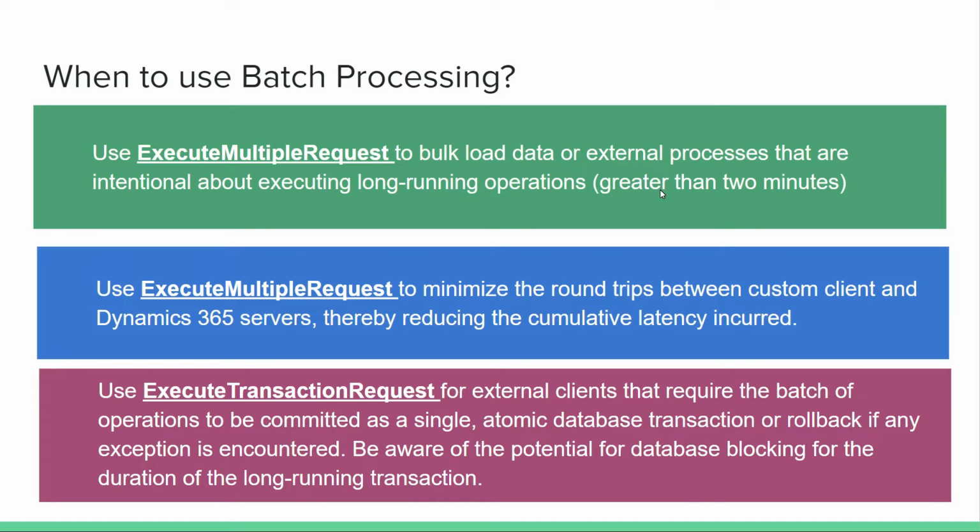Because of that, it minimizes the round trips. That is a benefit, but you should not add it in the plugins, but it can be added in the external code where you need to minimize the round trips between the custom client and the Dynamics server or Dataverse server, which can reduce the cumulative latency that is incurred, but not in the plugins.